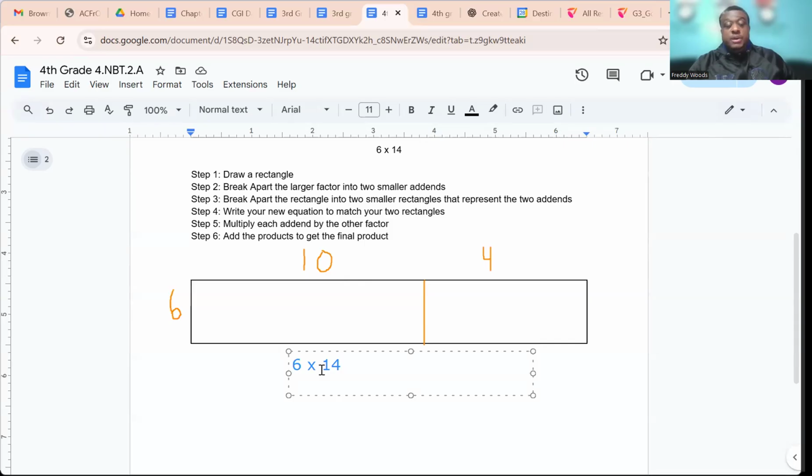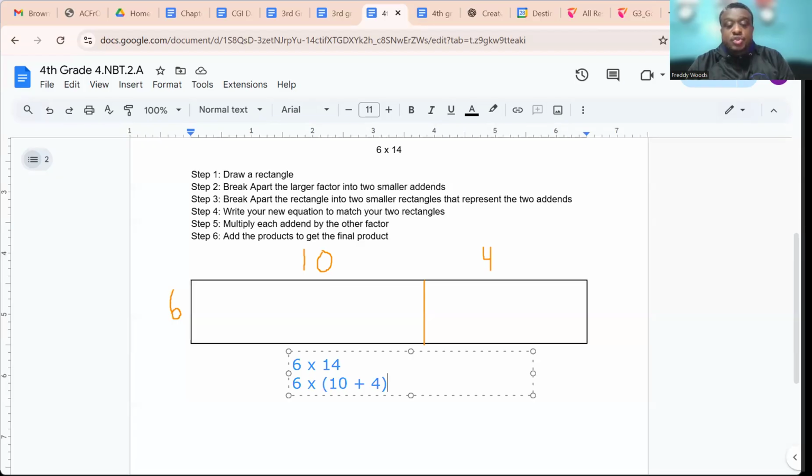Now I'm going to change my equation to 6 times parentheses 10 plus 4, close parentheses. Now I'm going to distribute, right?